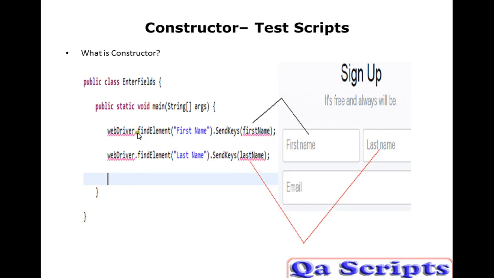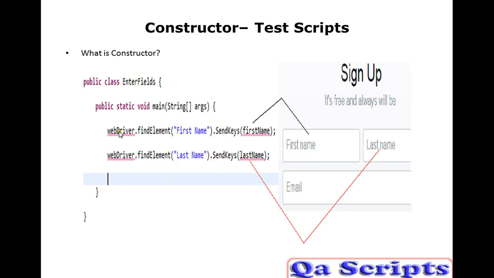That is WebDriver dot find element of first name dot send keys, where I am not hard coding anything. Instead, I am putting a variable, that is first name. At the same time, I want to place last name. Again, I am not using any hard coded value.